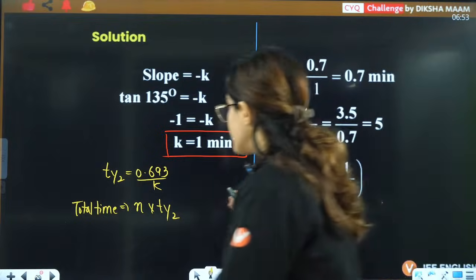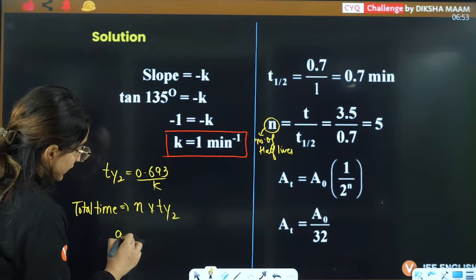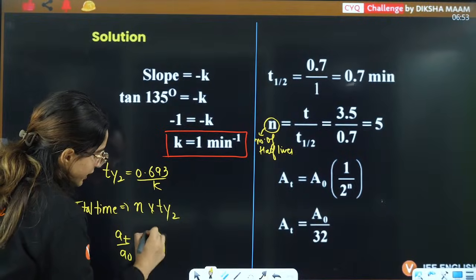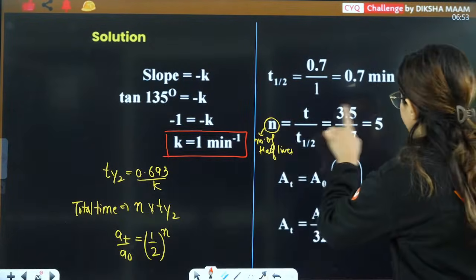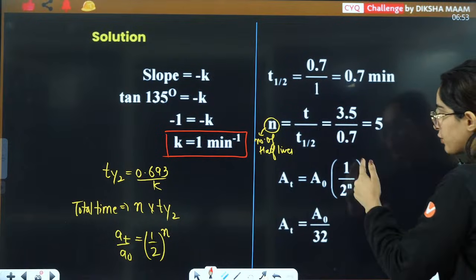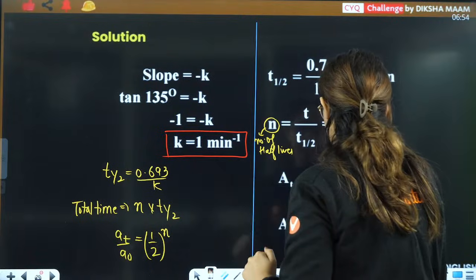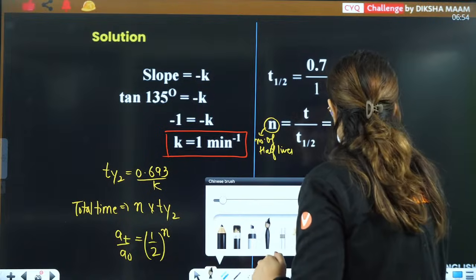Always remember that in terms of number of half lives, At by A naught is equal to 1 by 2 raised to power n, right? So you have calculated the value of n from here, that is 5. You put it here, and you will get the value of At by A naught. Just solve it like this, okay?